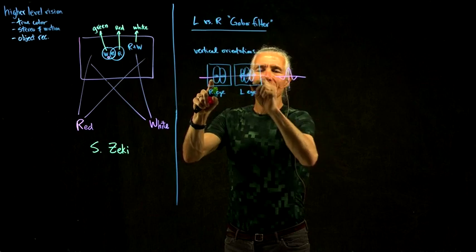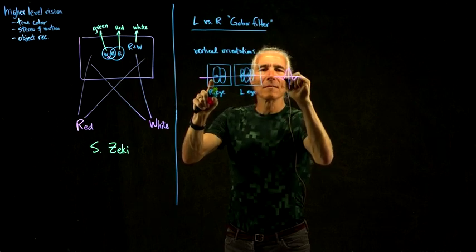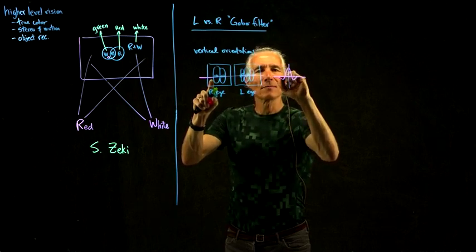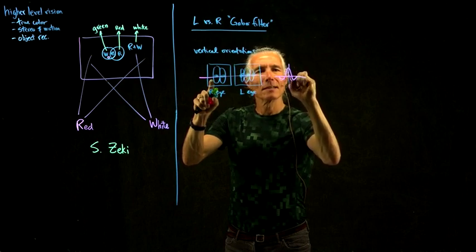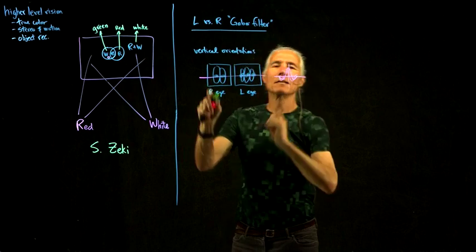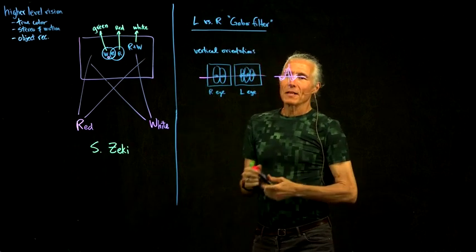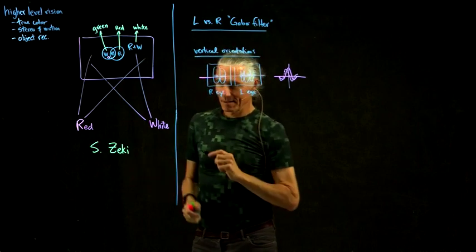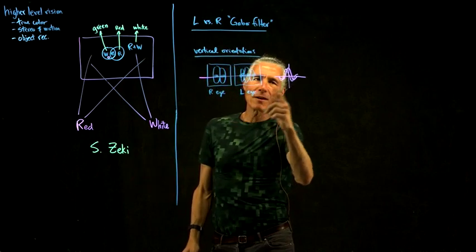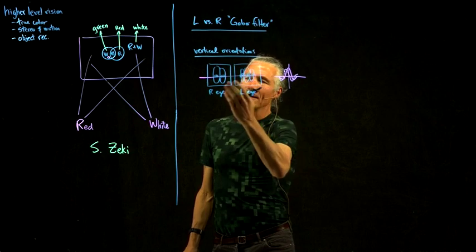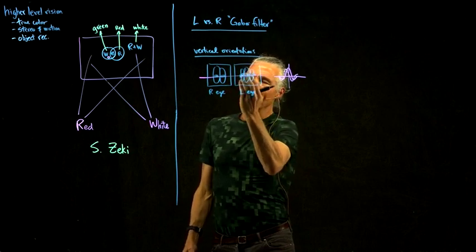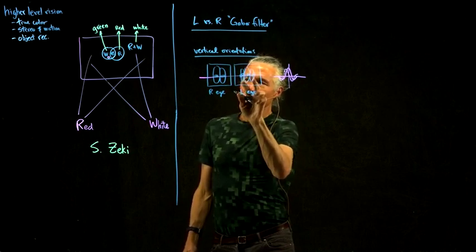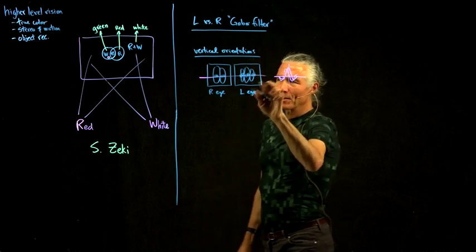And then the left eye will basically be offset. It'll look something like that. So it turns out for vertical orientations, that happens. They can be the same in both eyes, but you basically have variation in the offset of the filter between the eyes.